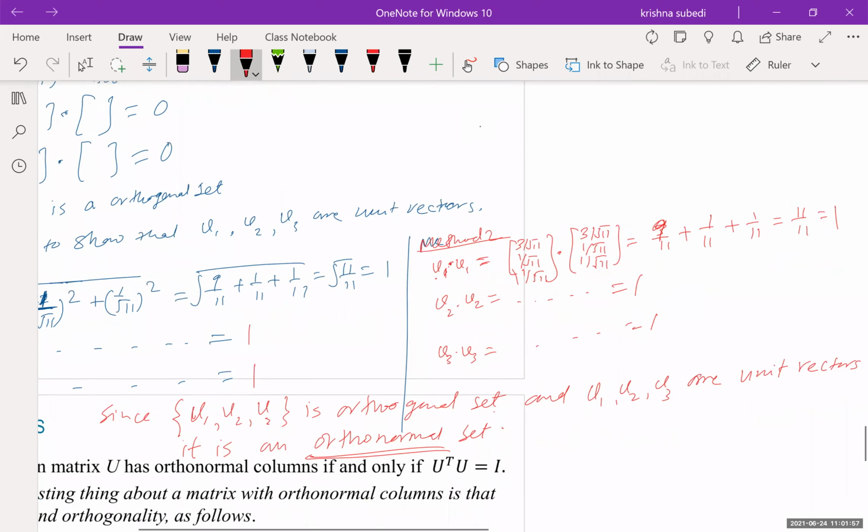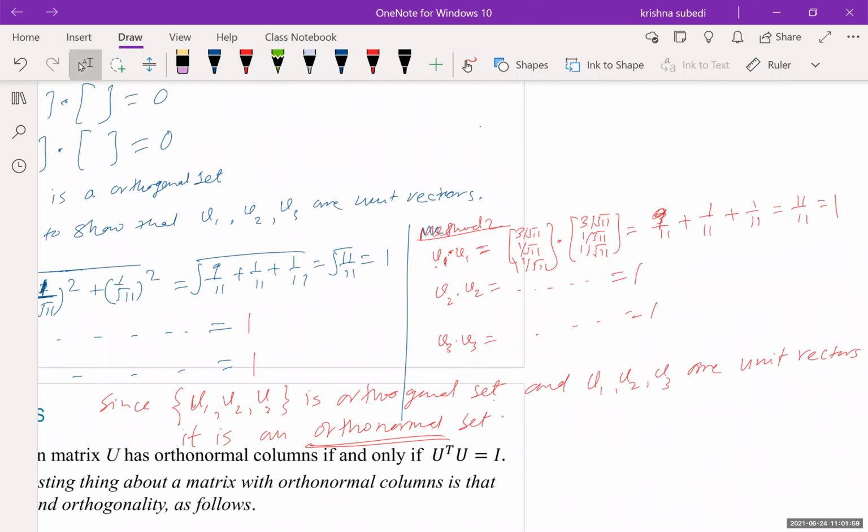Any questions so far? And by the way, this process of making a vector a unit vector is called normalization. Okay, normalized. In this case, we call it normalization of the vector.